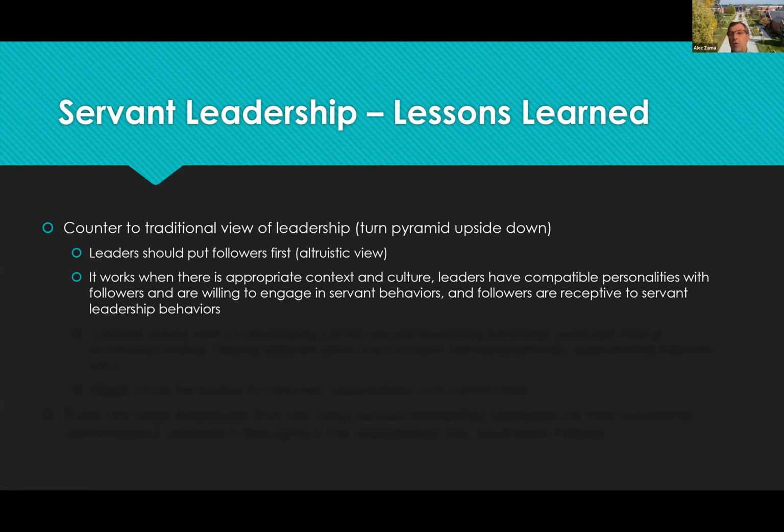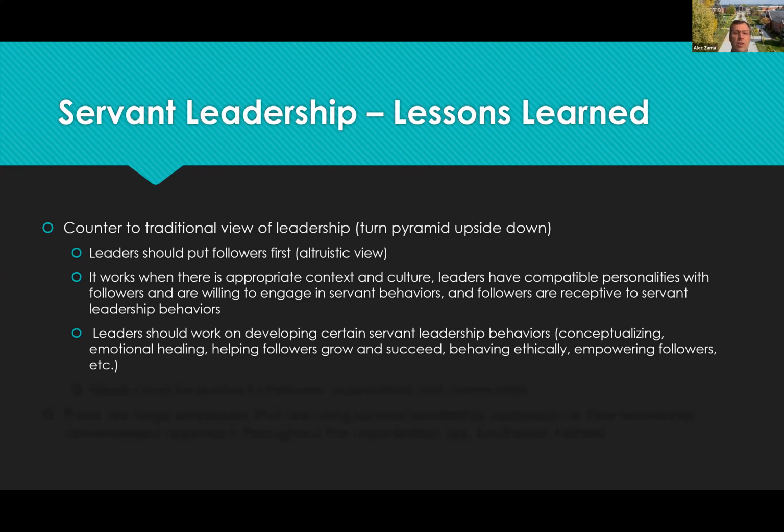It works well when there is appropriate context and culture. Leaders have some aspects of personality traits, and when there is a match between who leaders are and who followers are, leaders will engage in certain types of servant leader behavior, and that will lead to positive outcomes for in-role performance, extra-role performance for individuals, and then organization and society as a whole.